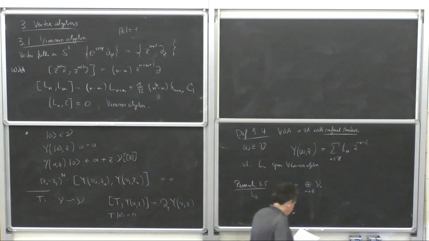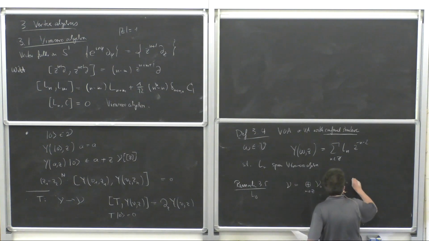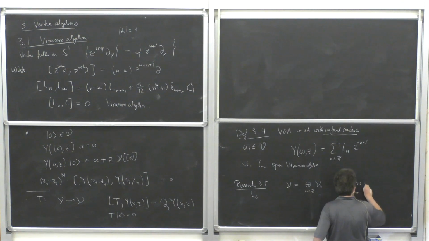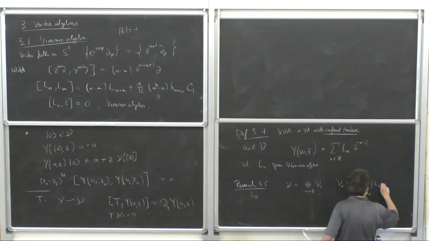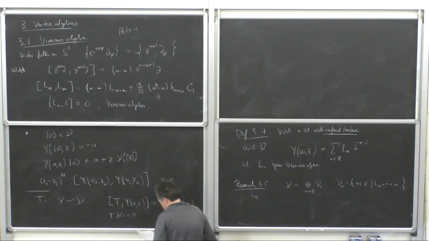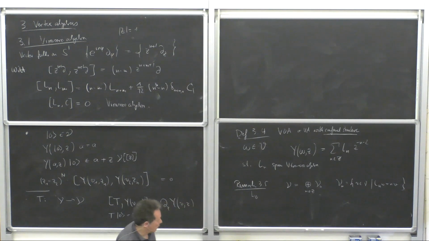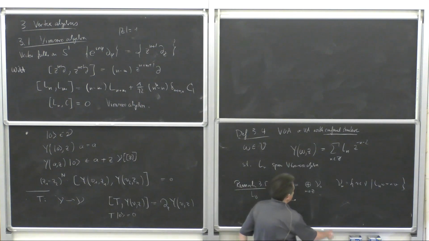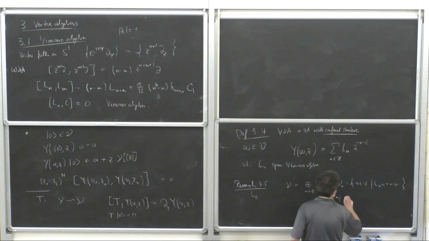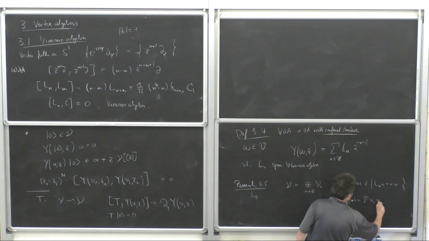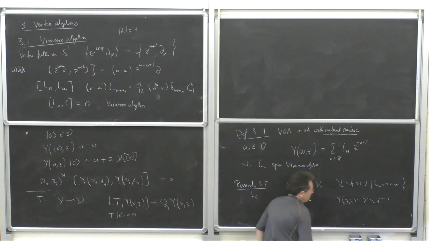We have here V_n, those v for which L_0 of v has eigenvalue n. And I should give you a word of warning: mathematicians will typically write vertex operators in the form v_n z^{-n-1}.